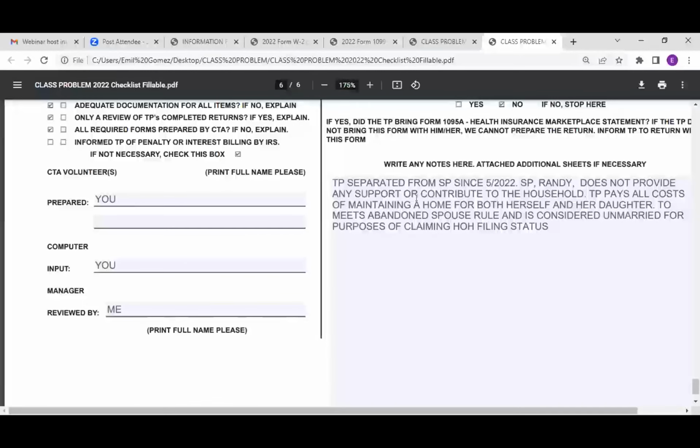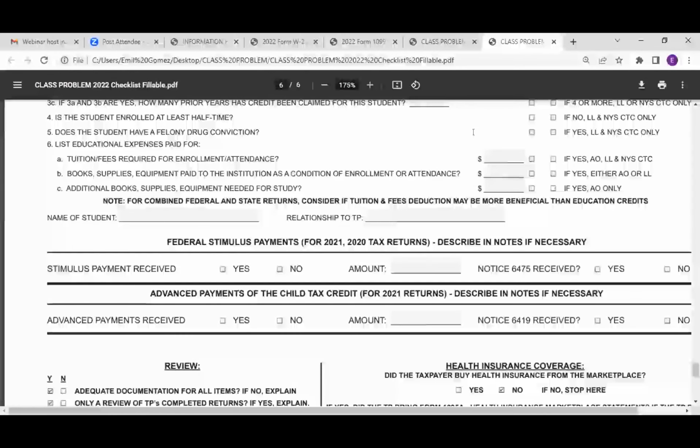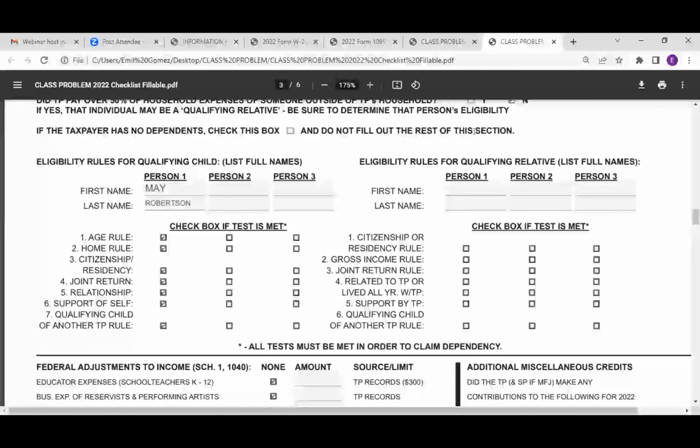So in other words, this statement that I wrote here is very important when a manager such as myself reviews your work. This helps me determine why you've ticked off this box.